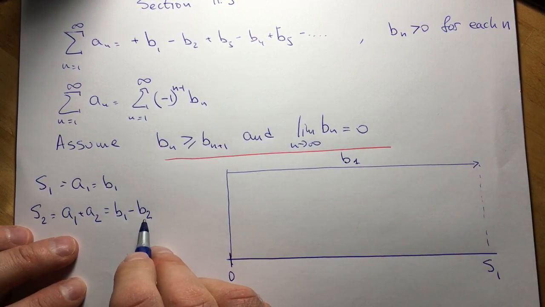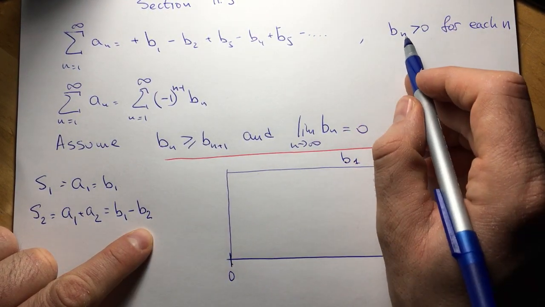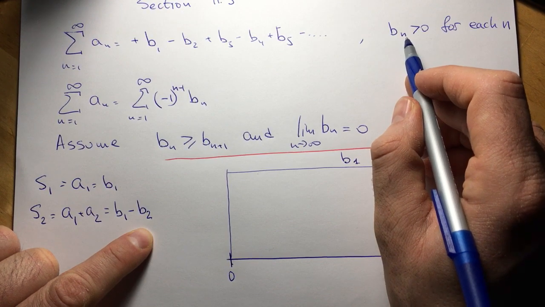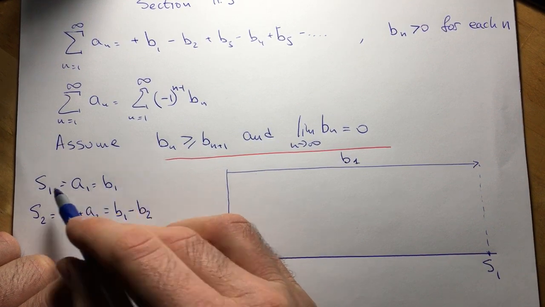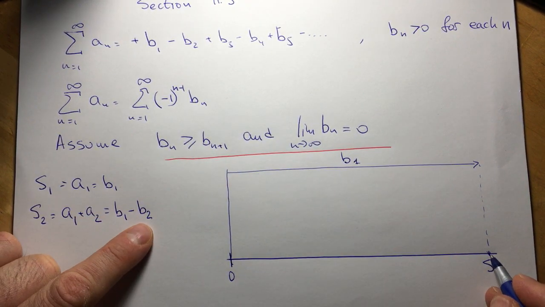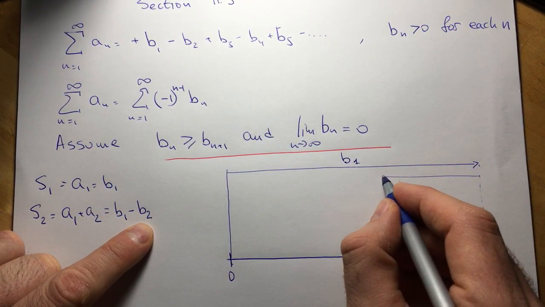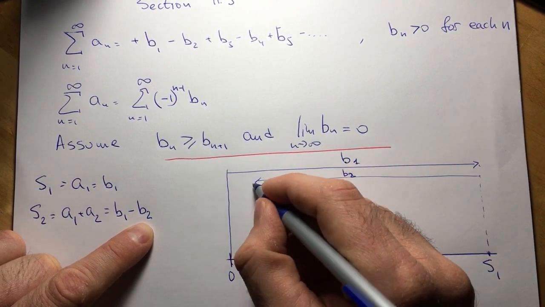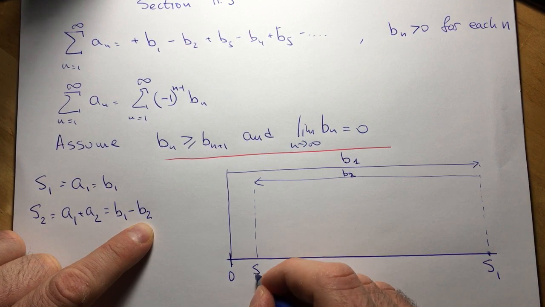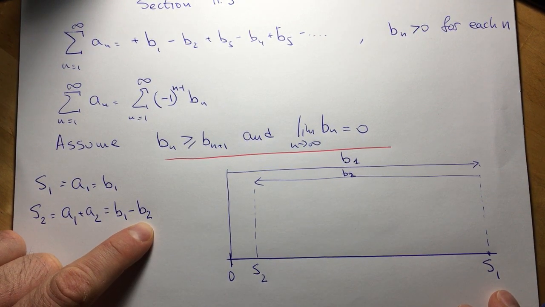Starting at b1, which is s1, subtracting b2 brings me here. This is s2. Obviously from this graph, s2 is less than s1.